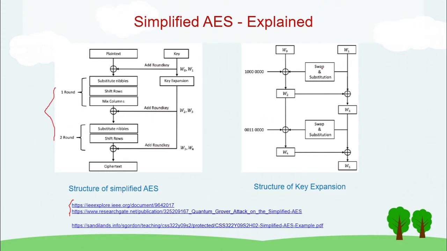Then this operation is similar to AES: swap and substitution or Sbox. Then you get W2. Here we may have to do some undoing because your W1 would have got disturbed, so we'll have to get back W1, and you XOR W2 and W1 to get W3. Similarly, you will do the operation to get W4 and W5, which will be used here.